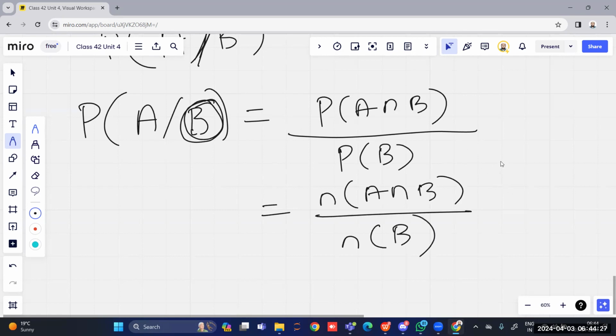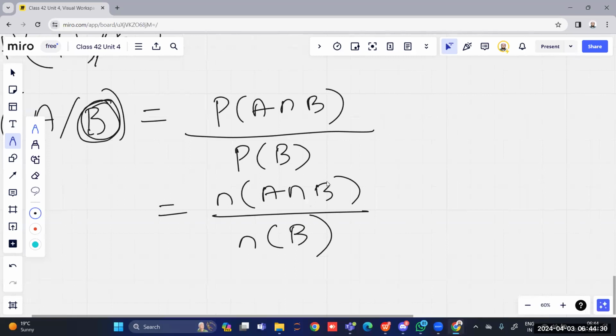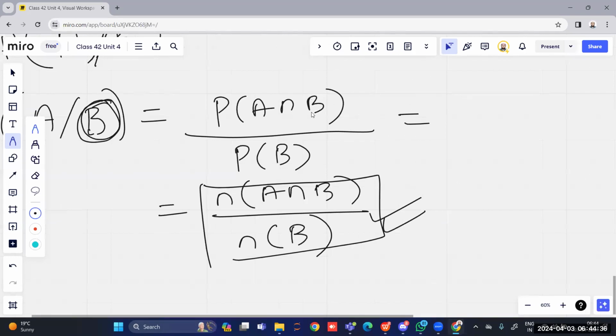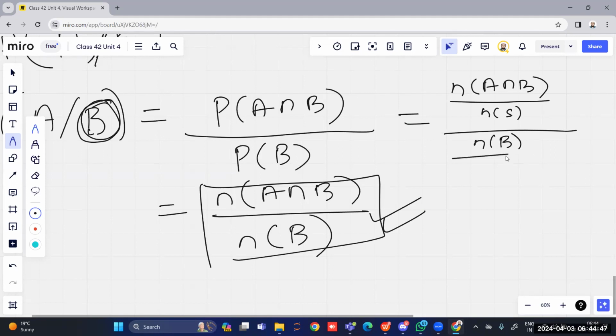This formula is very useful because we will use it directly. The probability of A intersection B is the number of elements in A intersection B upon the number of elements in the sample space. The probability of B is the number of elements in B upon the number of elements in S. The denominators get cancelled.